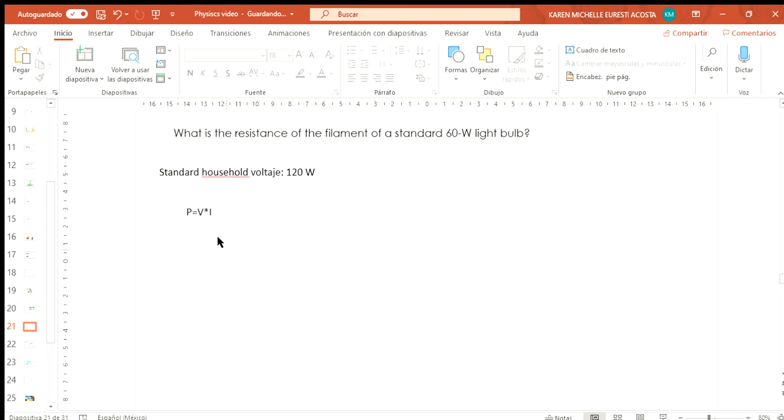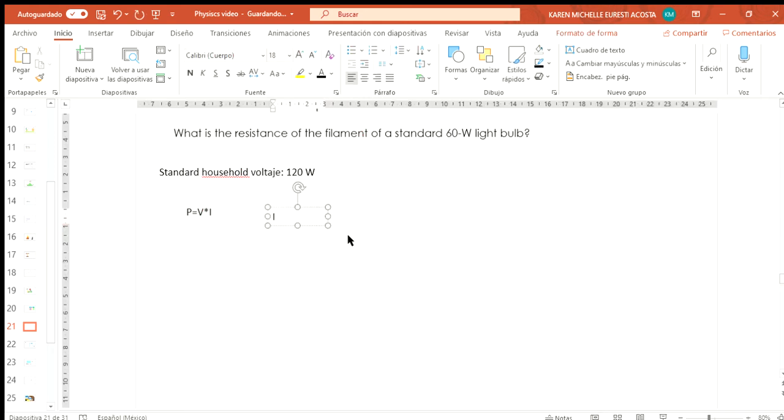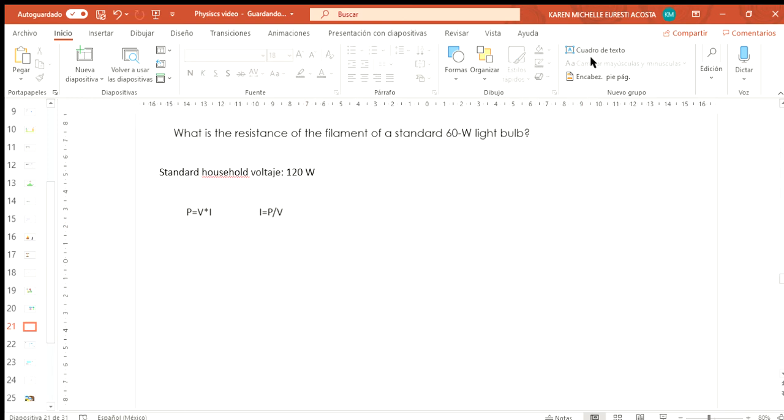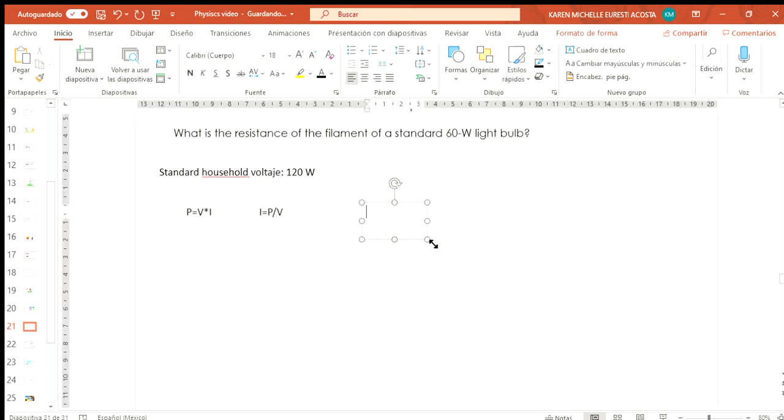So we are looking for the I. So we are going to clear that formula, making it I equals P over V. We replace the values with I equals 60 watts, and the standard household voltage, that is, I'm sorry, this is volts, not watts.